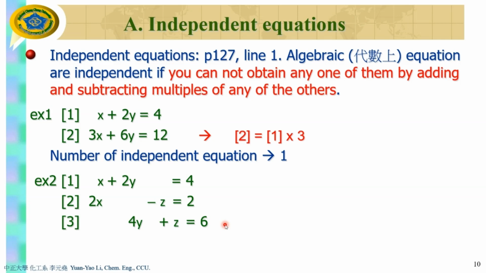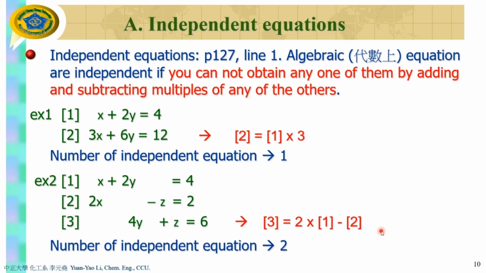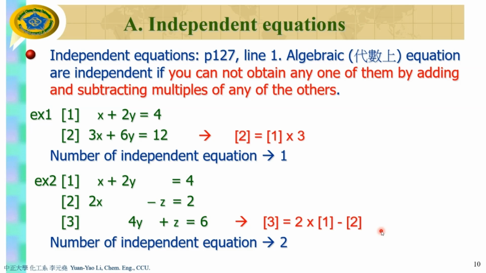It's a little bit tricky here. But when you find out that equation 3 is equal to equation 1 times 2 minus equation 2, actually there are only two independent equations. So unfortunately, you cannot get the answer for x, y, and z using these three equations.